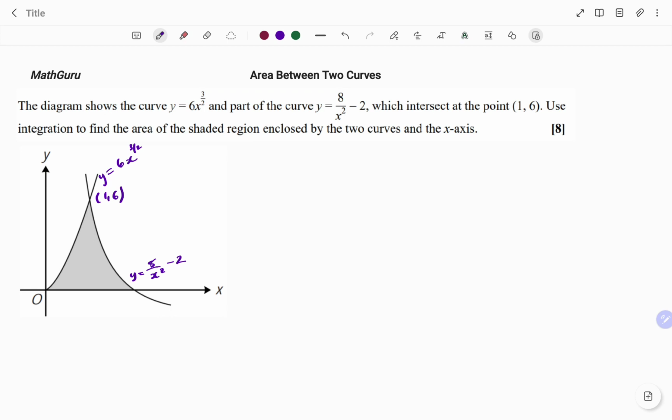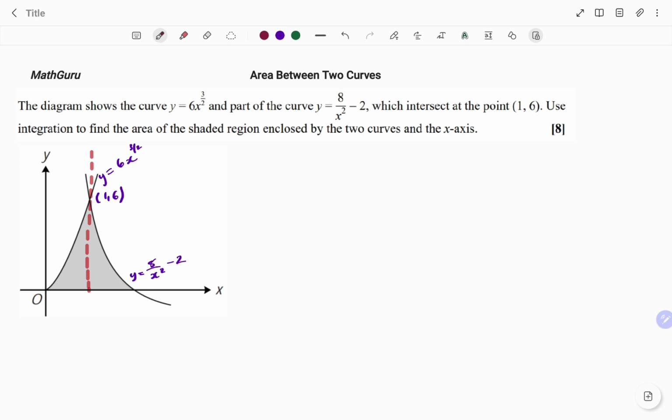I'm going to split up the area between the two curves as shown. I have the point at which the first curve is touching the x-axis. We have that as point 0.